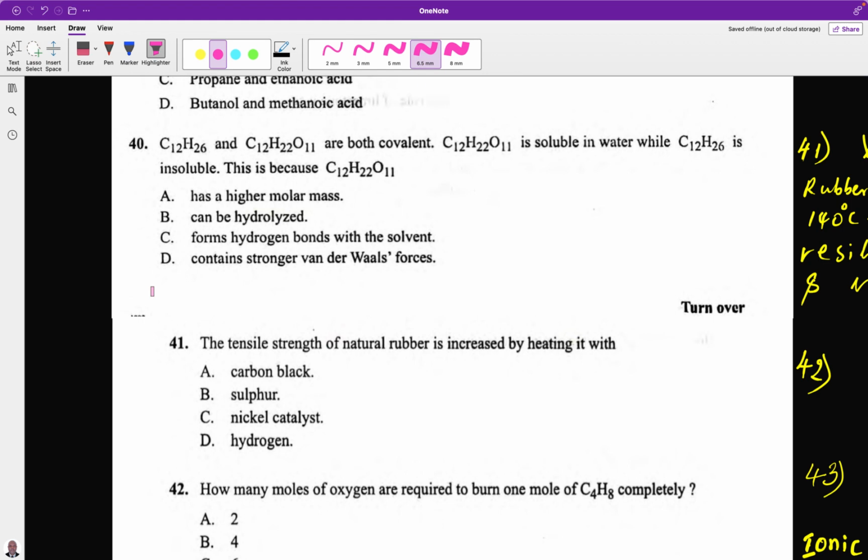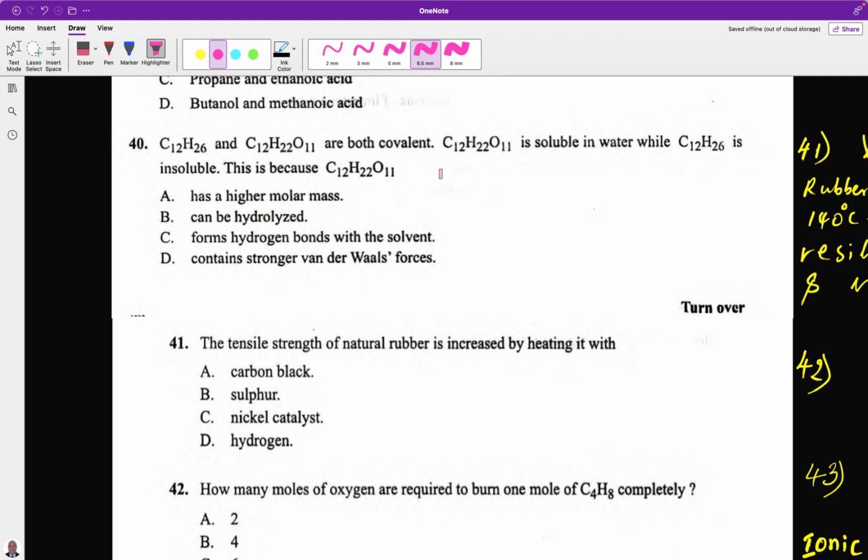They said both are covalent. The one that contains oxygen is soluble in water, while the other is insoluble. What is a hydrogen bond? A hydrogen bond is formed when hydrogen attached to a highly electronegative element attaches itself to the lone pair of electrons of another highly electronegative element.